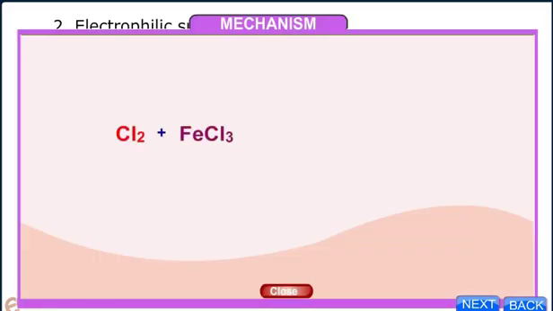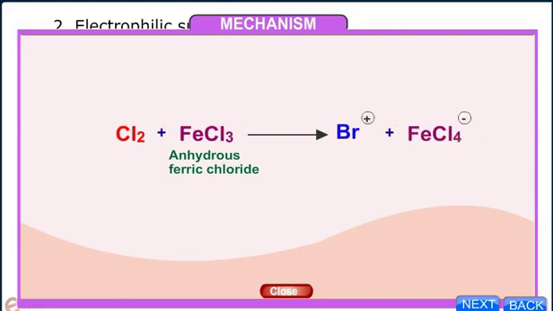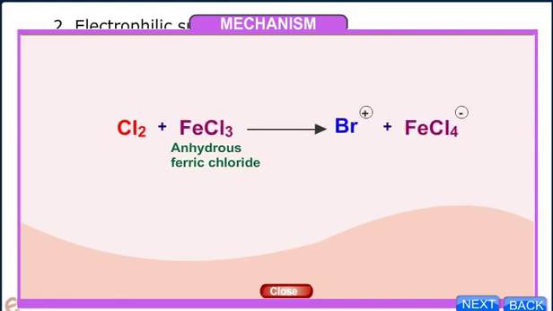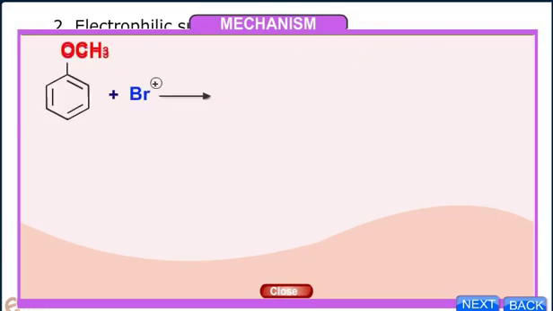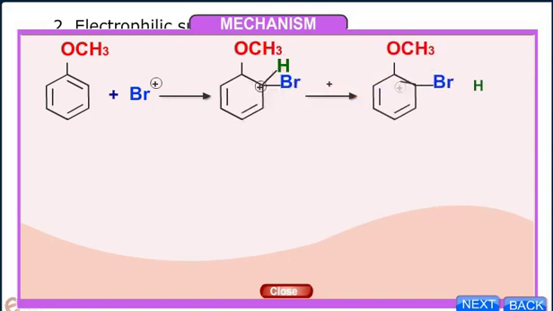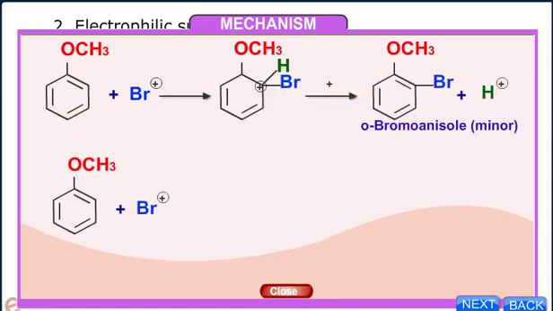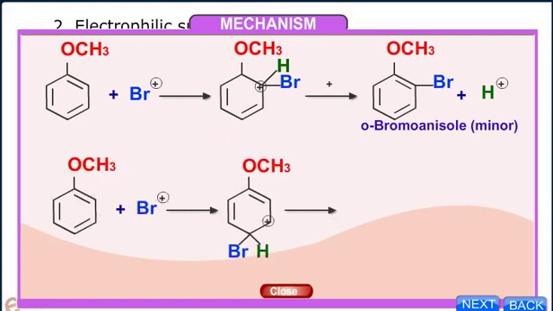Mechanism: Br2 + FeBr3 gives Br⁺ + FeBr4⁻, and C6H5OCH3 + Br⁺ gives C6H4OCH3Br, that is ortho-bromoanisole, which is the minor product, and the major product is para-bromoanisole.